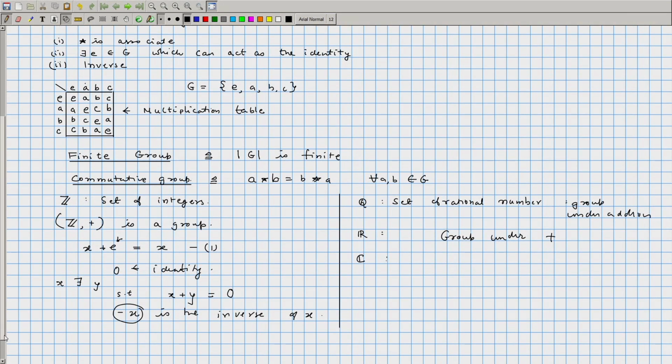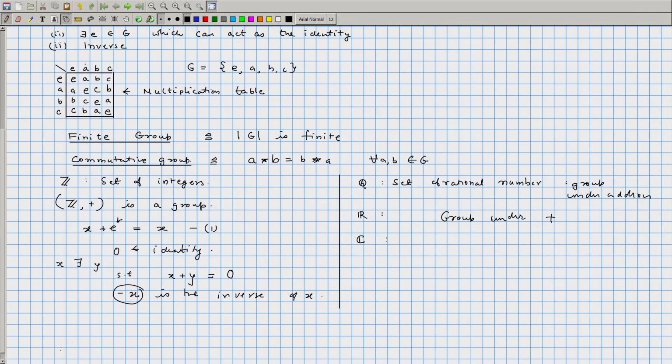Okay. Now let us see some examples of certain algebraic operations which will not be a group. For example, if we take the set of integers and look at multiplication, this is a well defined binary operation. You can take any two integers and combine them, and you will get an integer.